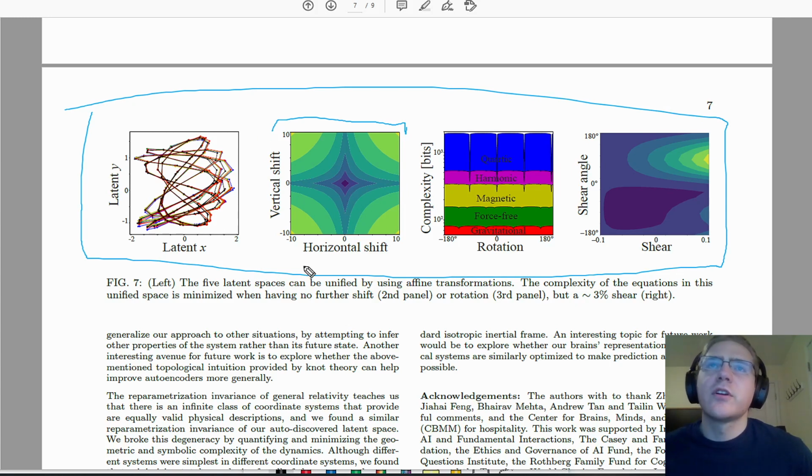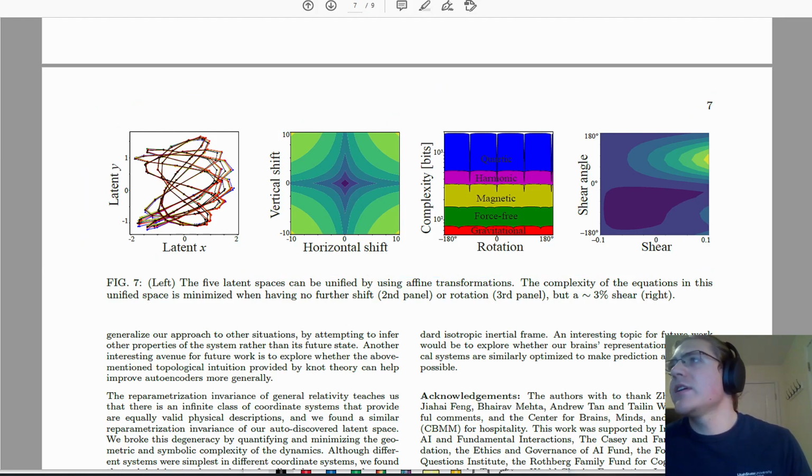So they got vertical shifting, horizontal shifting, rotation, and shear. So it's learning the best rotation, the best shifting, and the best shear angle, to simplify the complexity of the found equations.